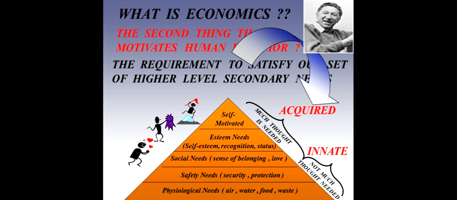Now, Maslow took these last three categories of needs in his hierarchy and bundled them together and put the label on them as acquired. His point here was that these three categories of needs, social, esteem, and the self-motivated for goal setting, require a lot of thought applied to acquiring them, getting these needs satisfied, as opposed to what we saw with the more fundamental ones that come as a matter of nature.